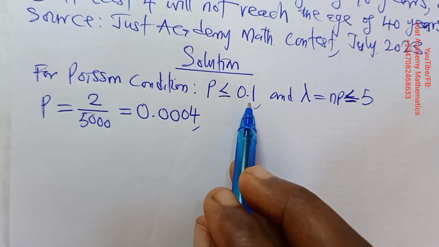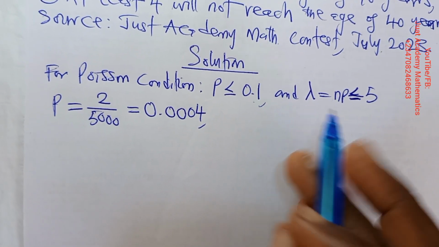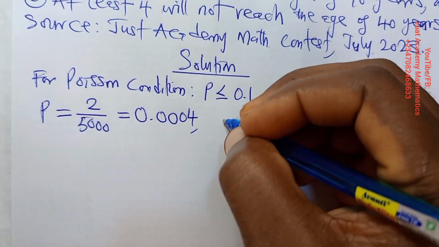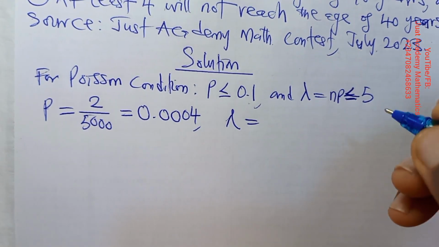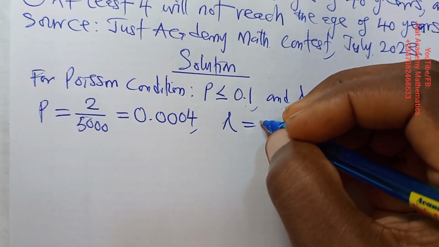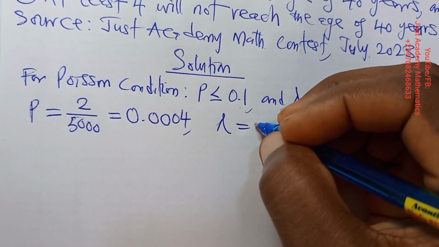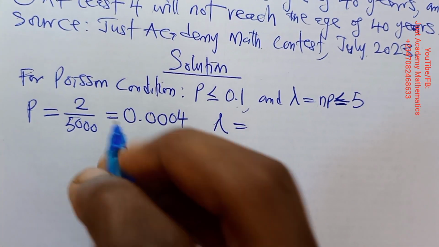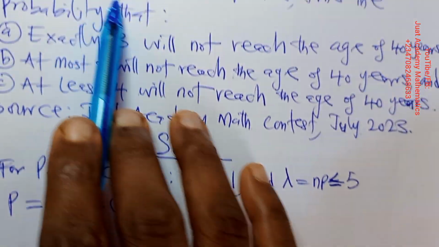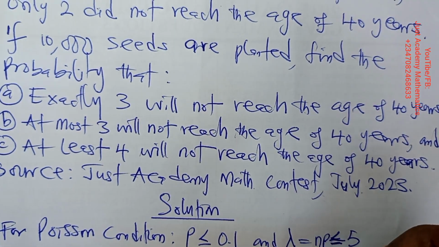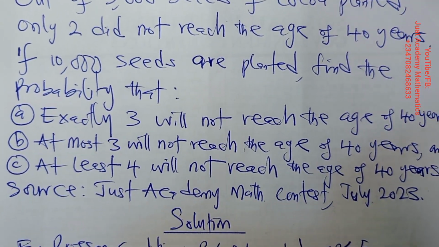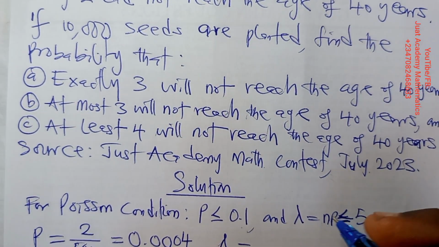That is our P. So what is our expected mean? Our expected value is the number multiplied by the probability. If 10,000 seeds are planted, so this N here represents 10,000.